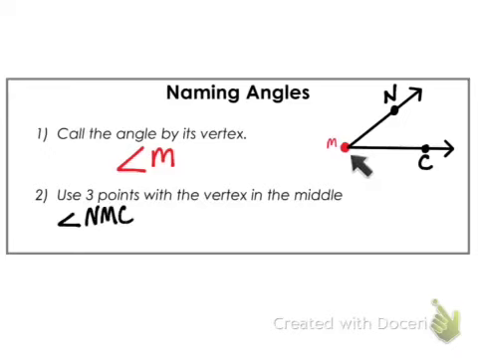Notice how the M is in the middle of our angle name. You must include the word angle in front so that we know we're talking about an angle. Now the other way is to name the angle going the opposite direction. So instead of NMC, we can go CMN. So angle CMN.